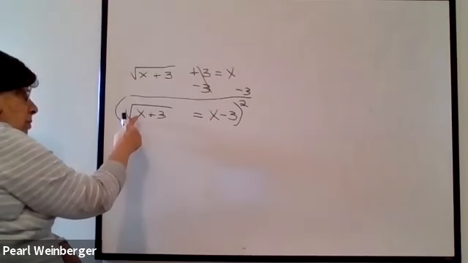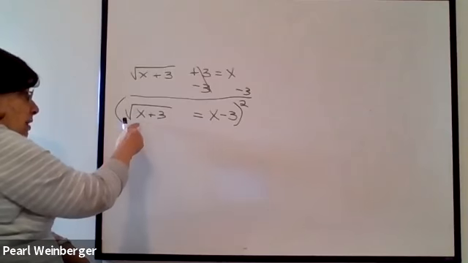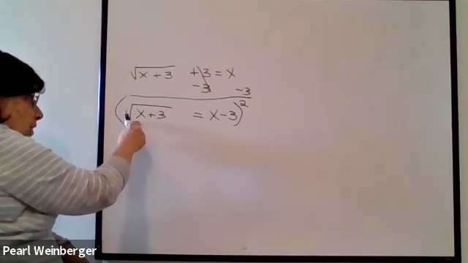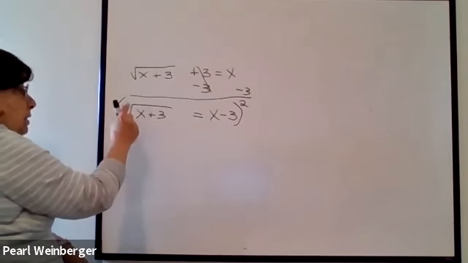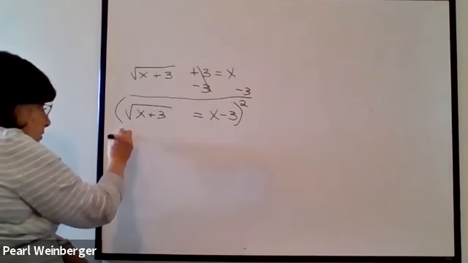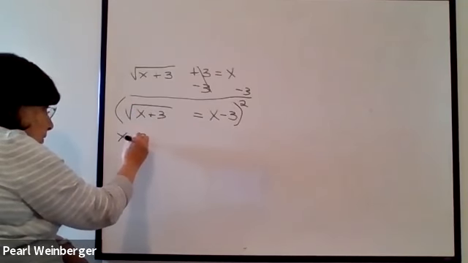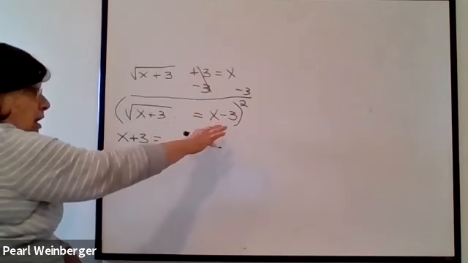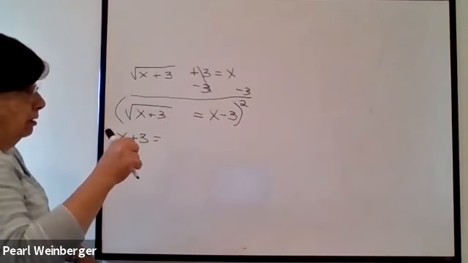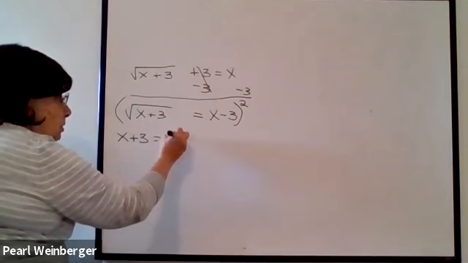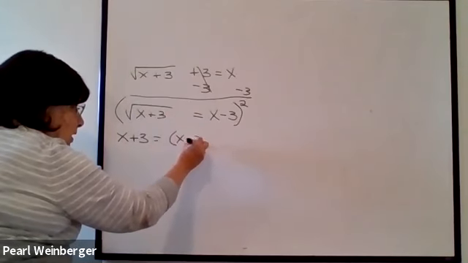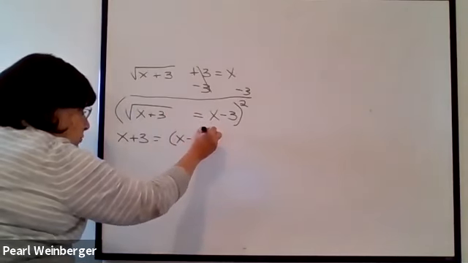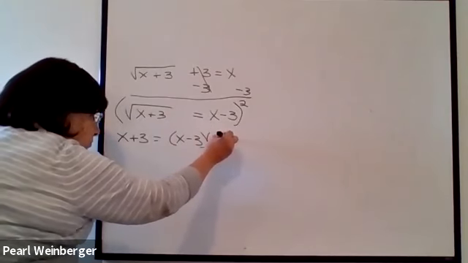Remember, when I multiply the side that has the radical by itself, the square root of x plus 3 times the square root of x plus 3 is just x plus 3. But the other side, I have to actually multiply x minus 3 by itself.